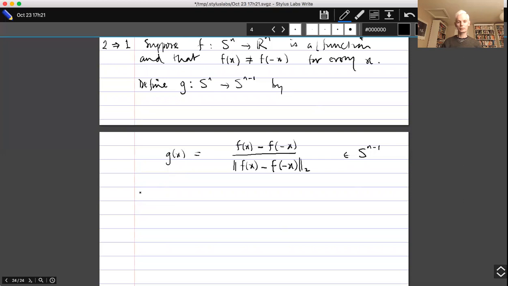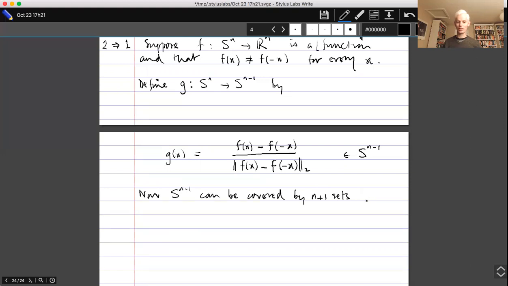Now, Sn-1 can be covered by, let me get this right, by n sets, nope, I don't mean n sets. This is where I've got to be very, very careful not to make the same mistakes as I made in the previous video.